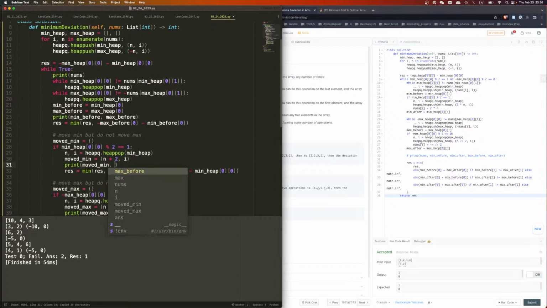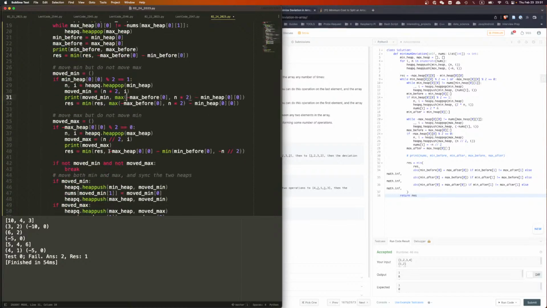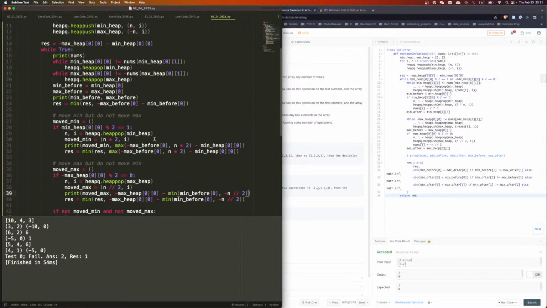See what we have here. Very unfortunate. This will be 6. Moved min becomes 6. So the pre-max is 10, so it'll be 10 minus, because I changed this. So that's 6, that's correct.